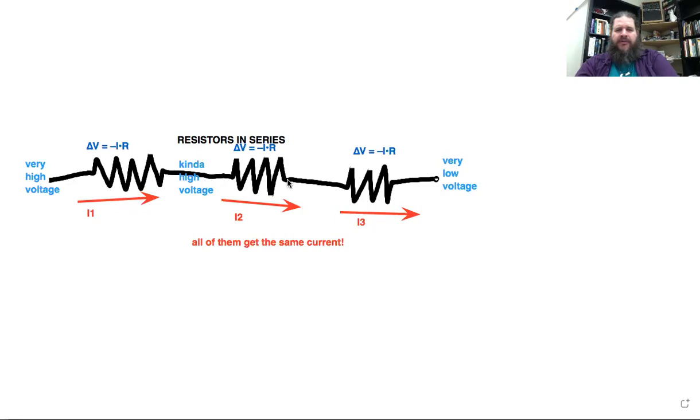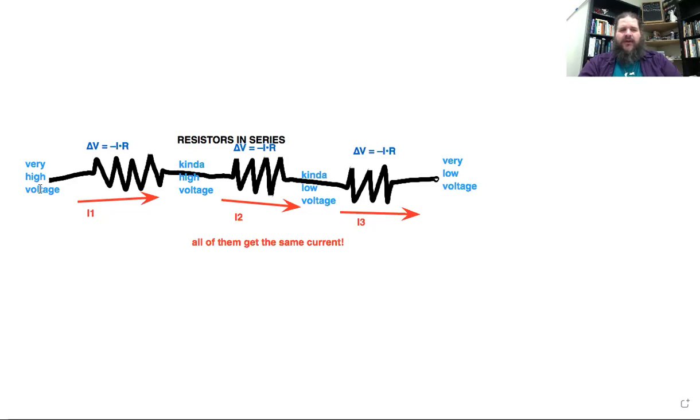And then you go through another resistor, you lose some more voltage. So you get to, let's say, kind of low voltage. And then you go through one more resistor, you get to very low voltage. So each one of these resistors is associated with a certain amount of loss of voltage, in the same way that as you go through a pipe, each segment of pipe causes a loss of pressure. But all the voltage drops would add together to get the total drop in voltage.